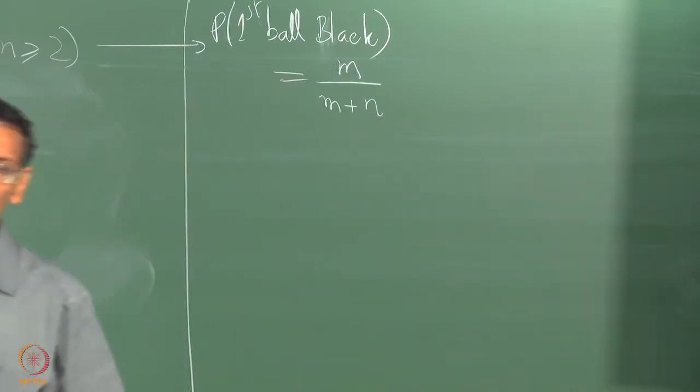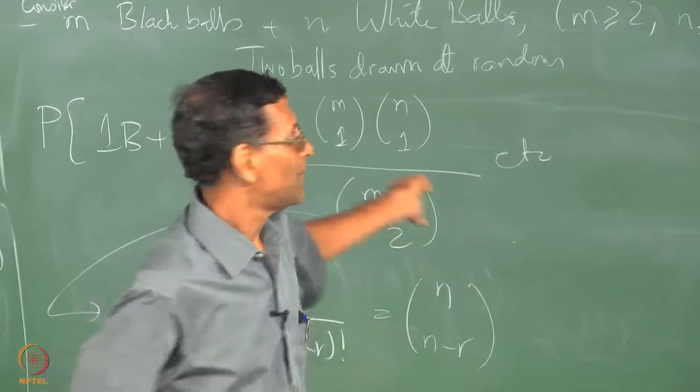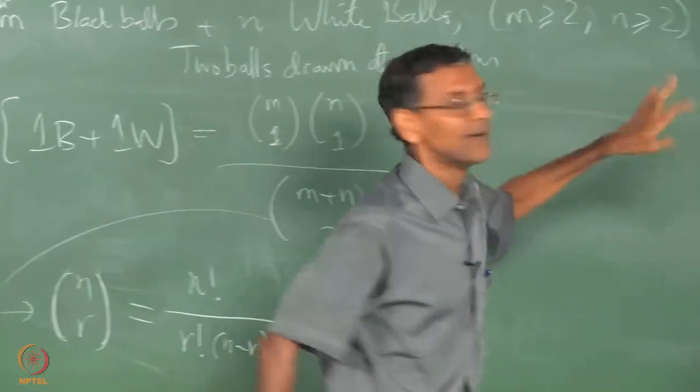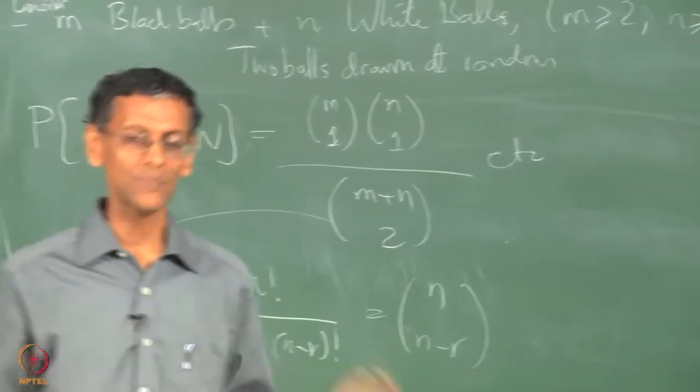This is in fact a simple way of simulating a biased coin, if you want. If you think that you can't manufacture a coin that will land heads with probability 1 by 10, all you have to do is pick that many white balls and black balls and simulate this, right.